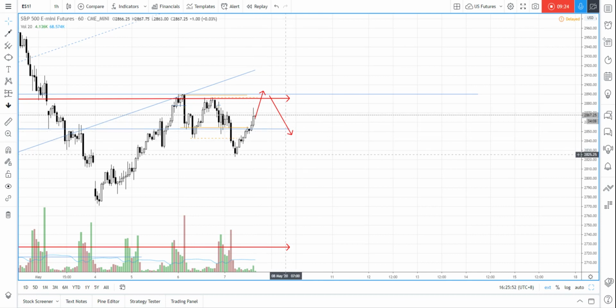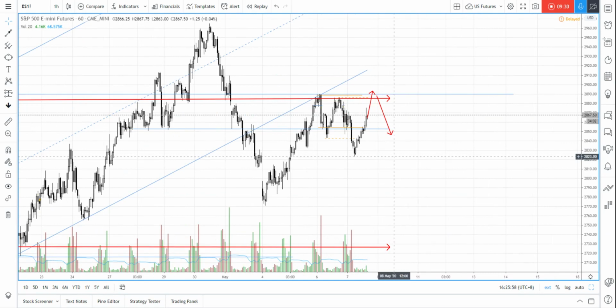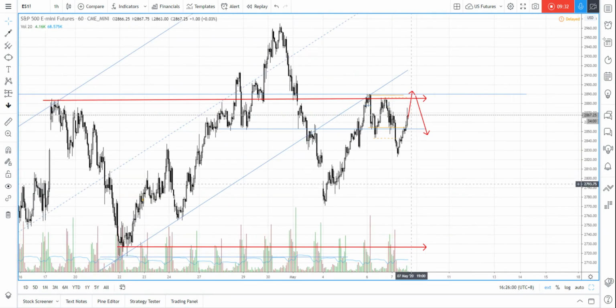And of course, another support level is the swing low there, 2820. But if it fails, then I think we could easily see a test at 2800 to 2770. That's when it fails to defend this 2825 level, somewhere around there.